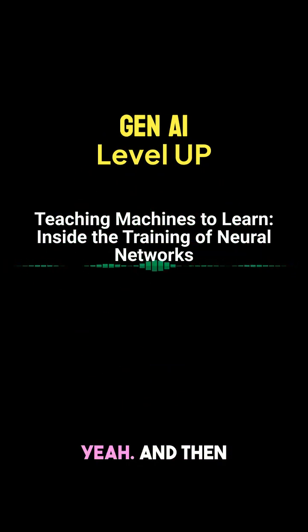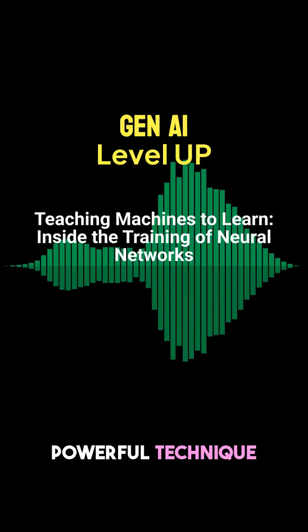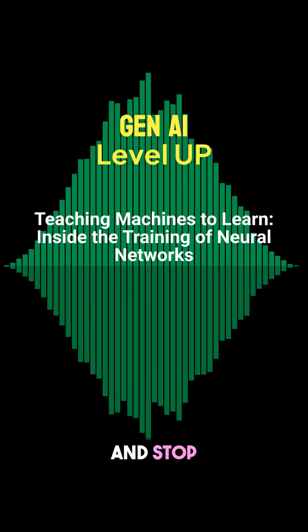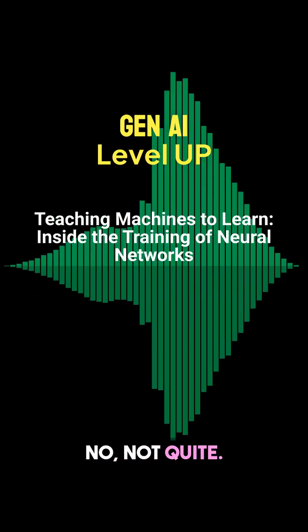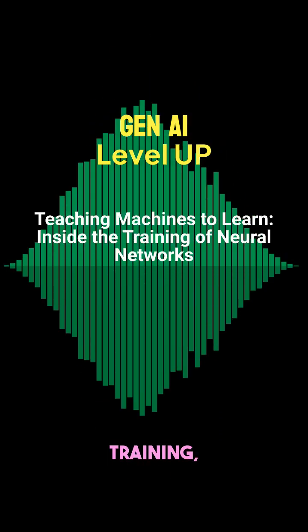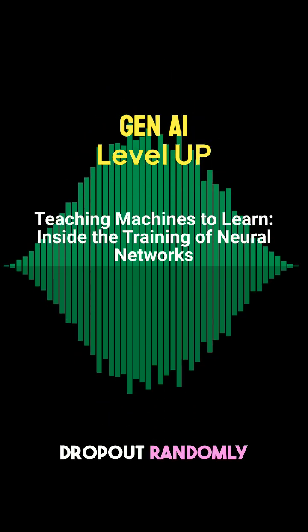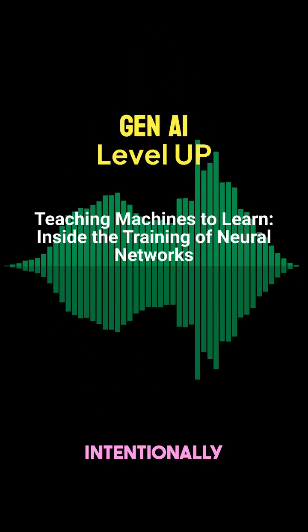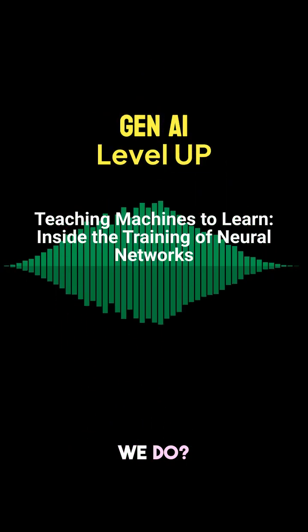Another powerful technique is called dropout. Does that mean we just drop out of school and stop training? No, not quite, but the name is kind of fitting. During training, dropout randomly deactivates some of the neurons in the network. Wait, we intentionally turn off some of the neurons? We do. Why would we do that?